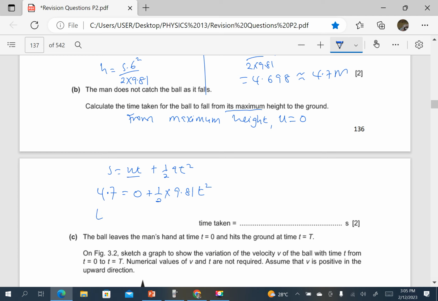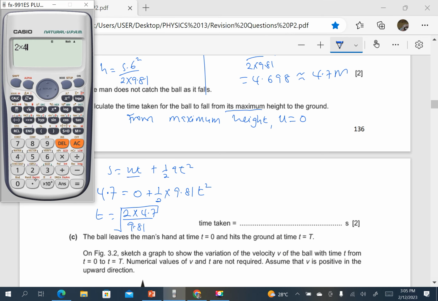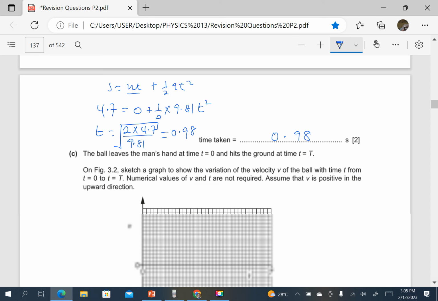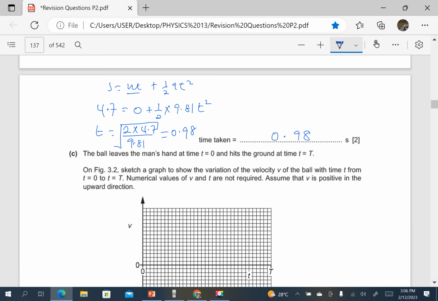So t is going to be the square root of 2 times 4.7 divided by 9.81, and the answer is 0.98 seconds.